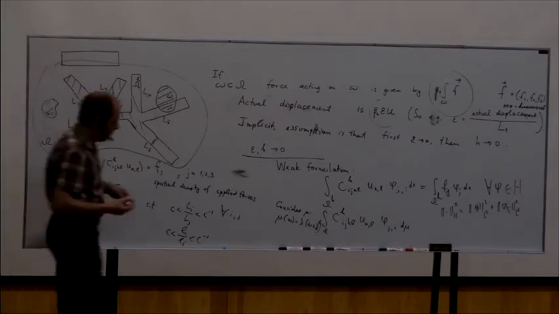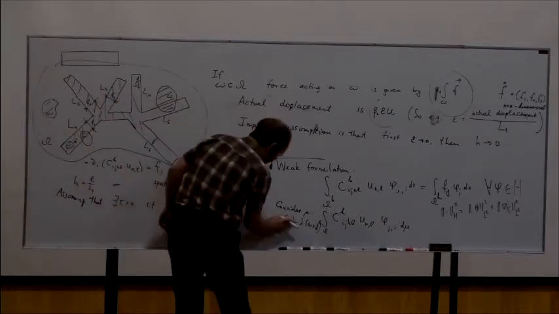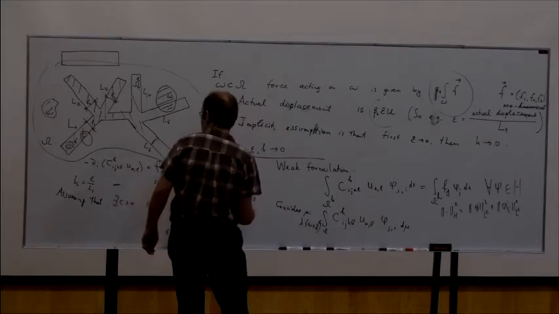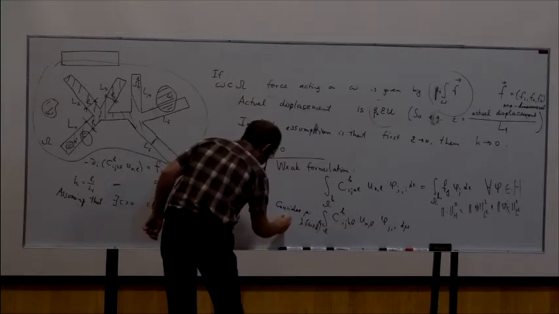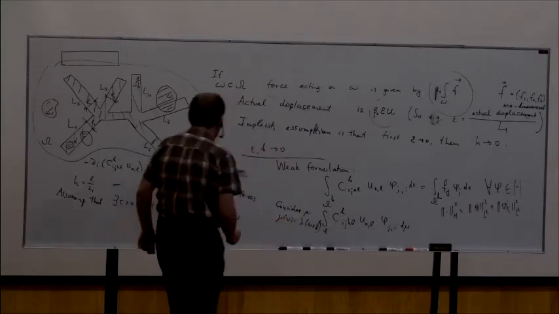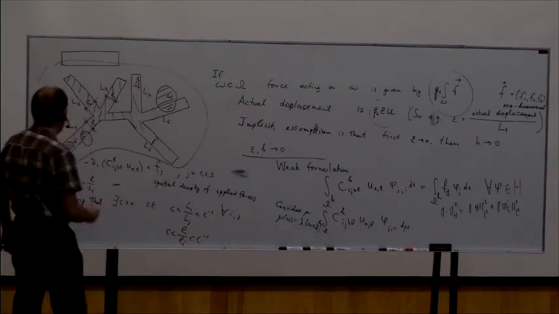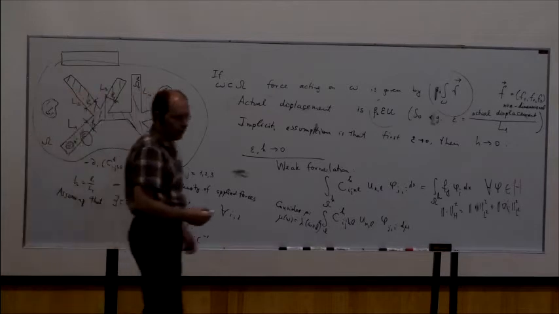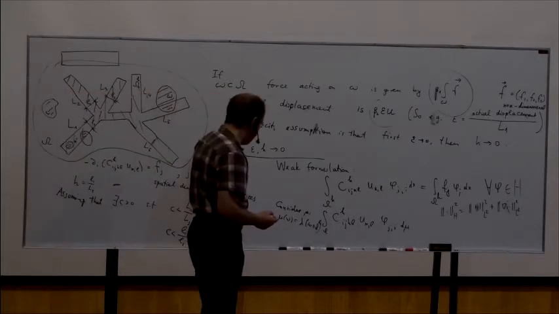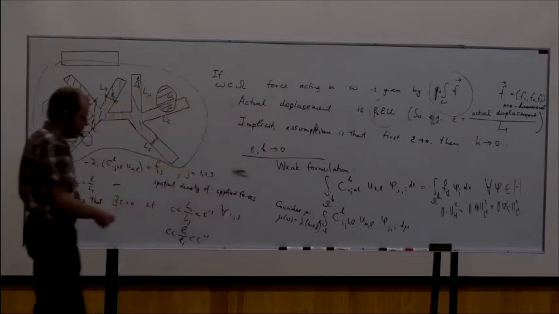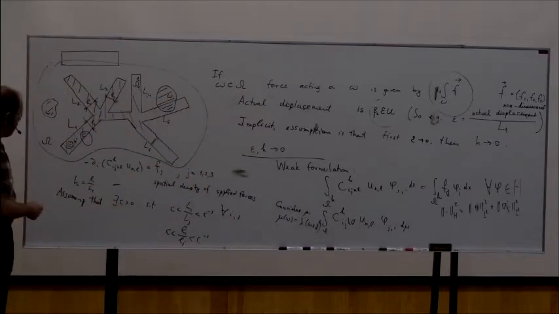You could normalize it. You could make sure that sets of Lebesgue measure 1 have measure mu 1 as well by dividing by the Lebesgue measure of omega.